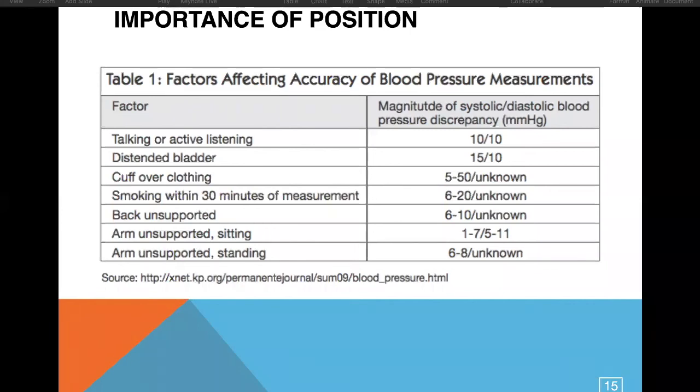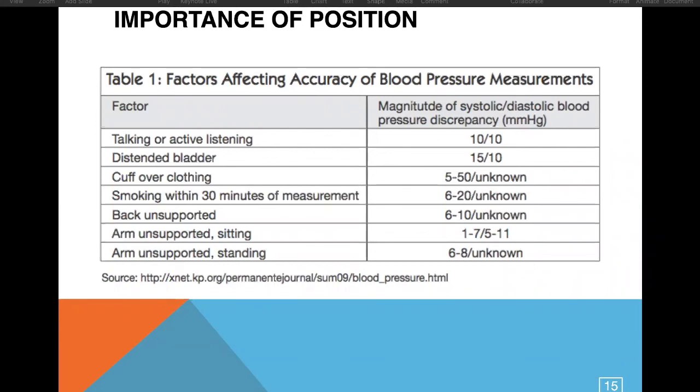Sometimes with our patient populations in pre-hospital medicine, we don't have as much choice in the matter of getting the most accurate resting blood pressure that we can. We can't control whether or not they've been smoking. Sometimes it's challenging to get arms supported or get them in the most ideal position.